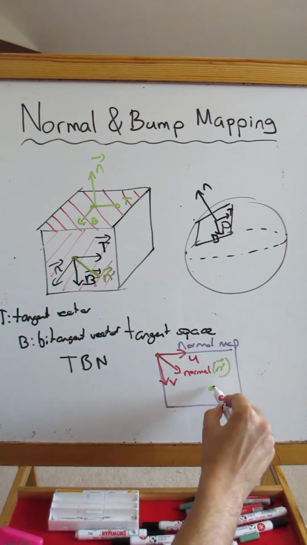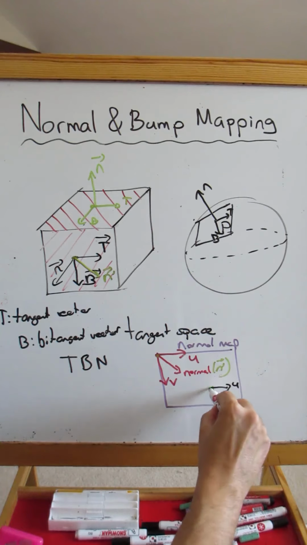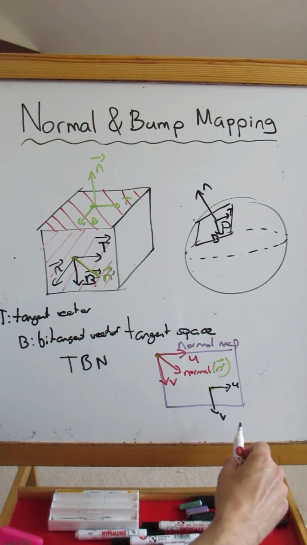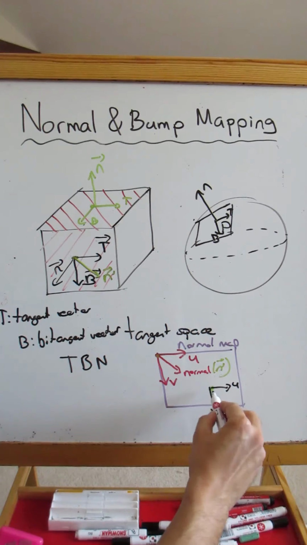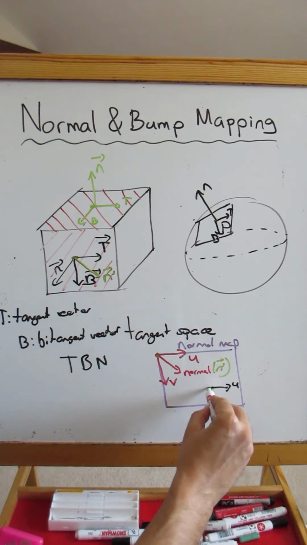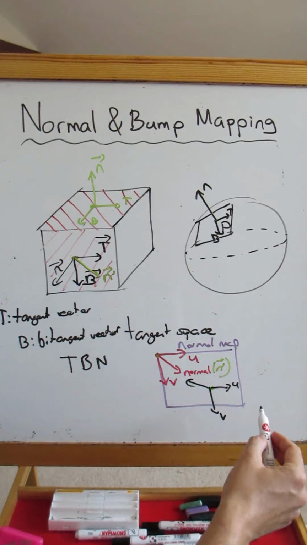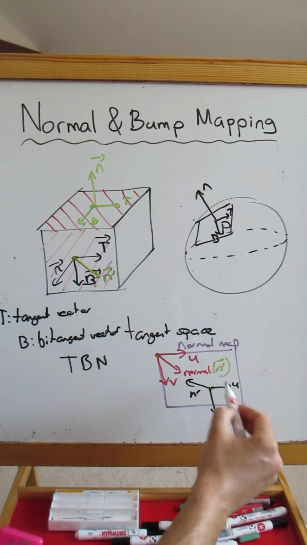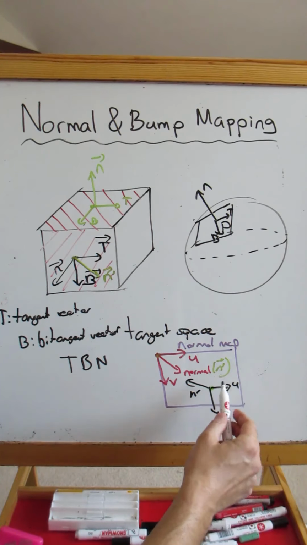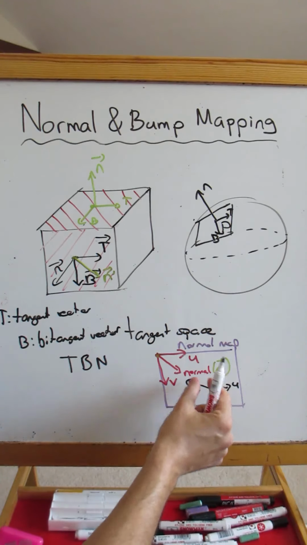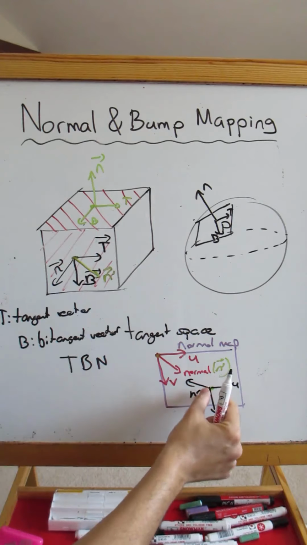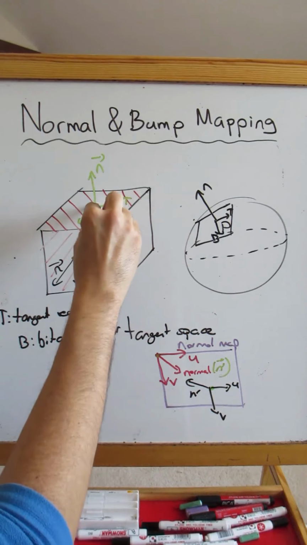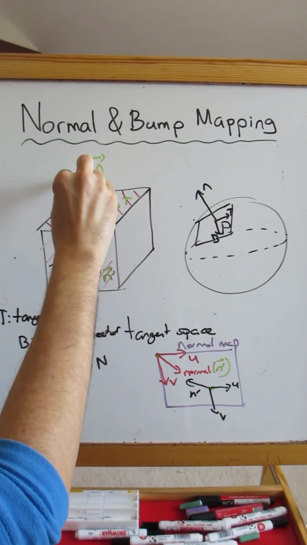I know U is like that, and V is like that. Now imagine that the normal in the texture is pointing along the negative U and negative V direction. When I match this space with this space, I will know that the n prime is also pointing kind of like that.